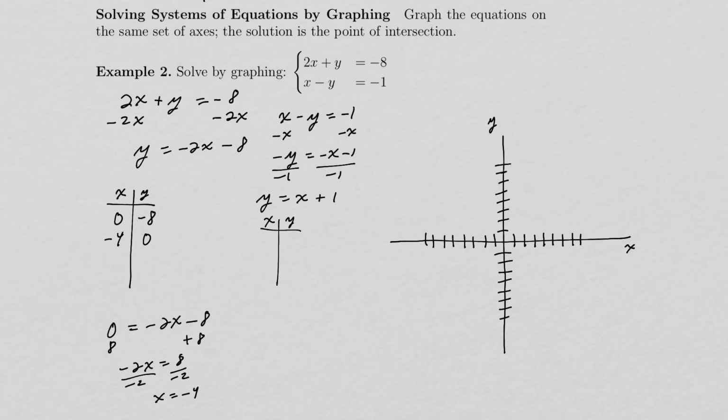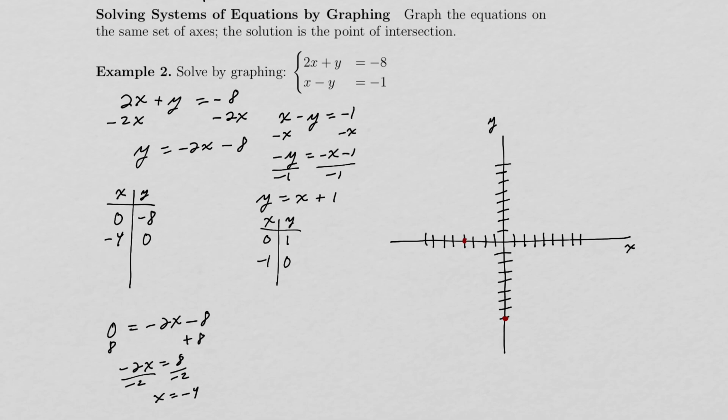And then, again, I'll just use the x and y intercepts. So for the y-intercept, if x is 0, y is 1. And then if y is 0, we can just see this, right? If I plug in 0 for y, x must be negative 1. All right, so if I plot these points, let me do the first line. 0, -8 is here. And then -4, 0 is here.